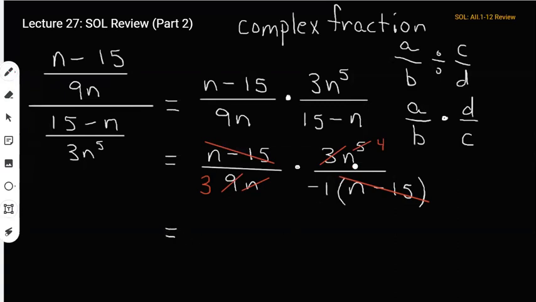So what do I have left on top? I only have n to the 4th power. That's going to be my numerator. What do I have left in the denominator? Just a negative 1 times 3. And that's going to give me negative 3.